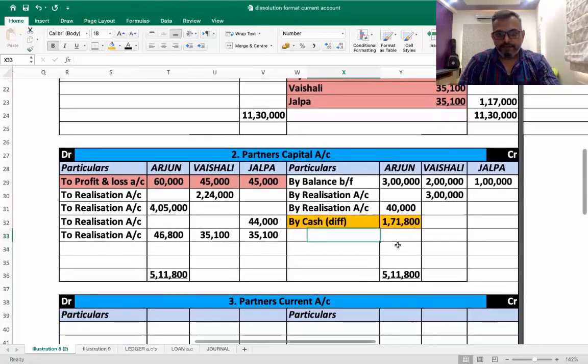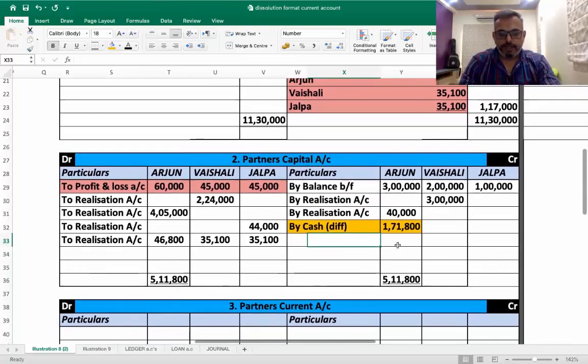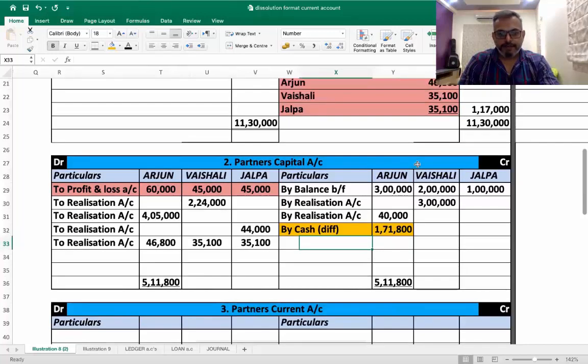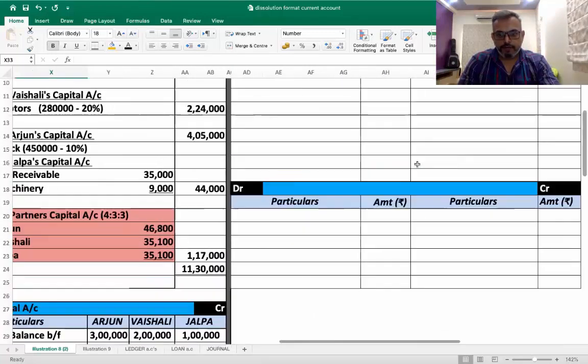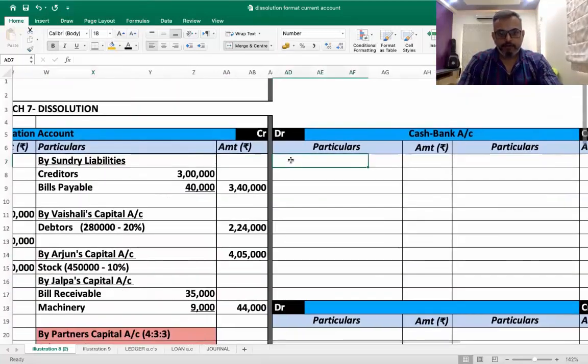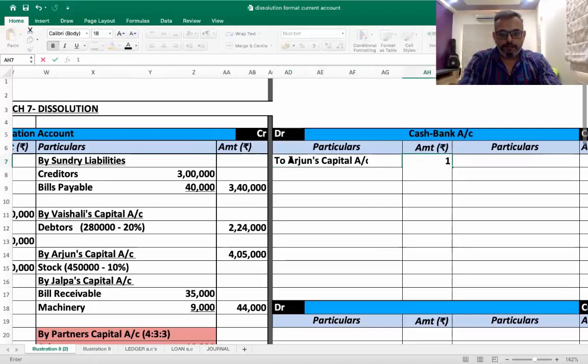Now let's give the second effect hand in hand so that we don't forget it later on. Partner's capital account credit, so cash account debit. Arjun's capital account is bringing 171,800.